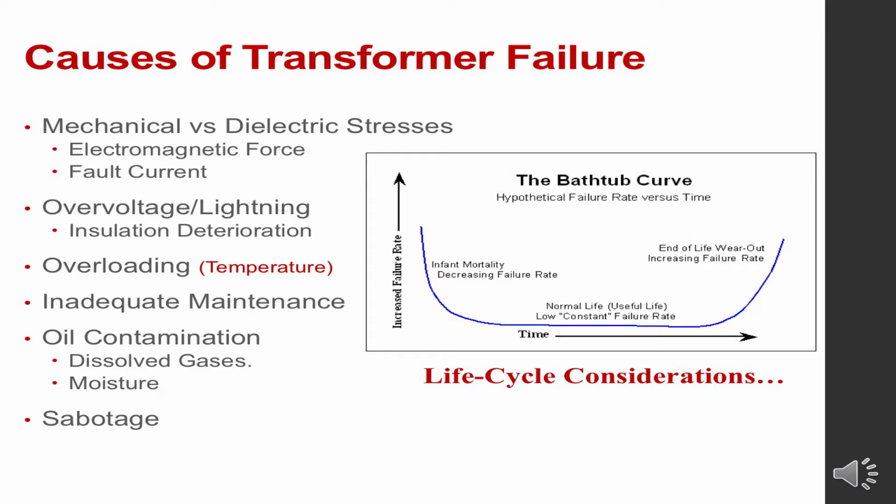Overloading happens when there's simply too much load connected to the system. This can happen, as I mentioned before, either from just connecting too many loads to a transformer, or in some cases it can actually be done on purpose. For example, the fuses that you put in transformer banks, especially in a substation level setting, can greatly impact how long the system will last. For example, during the days when I was a lineman, we used to fuse our transformers at 150% of full load.